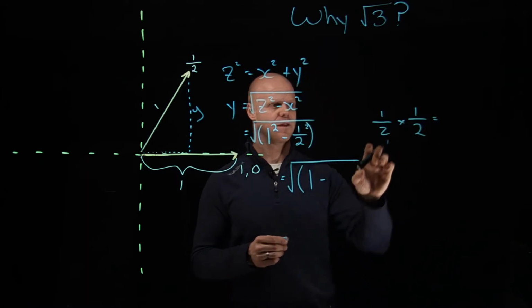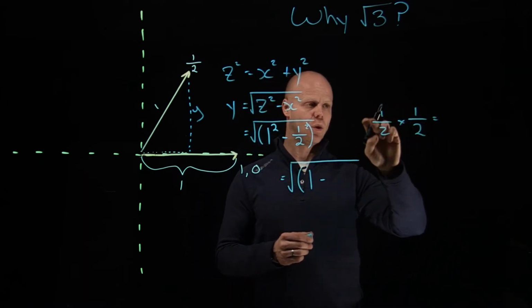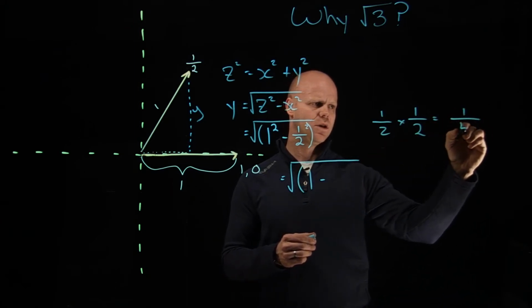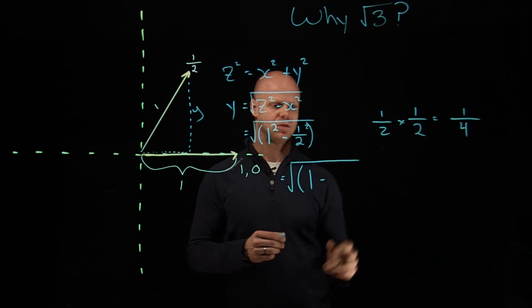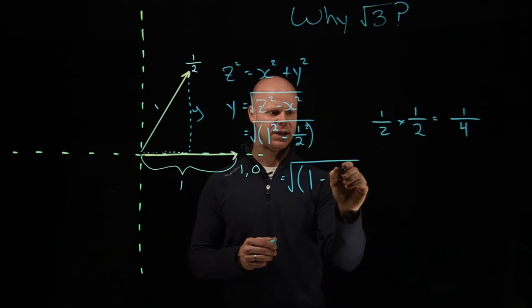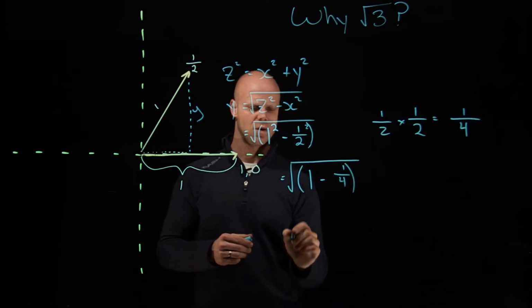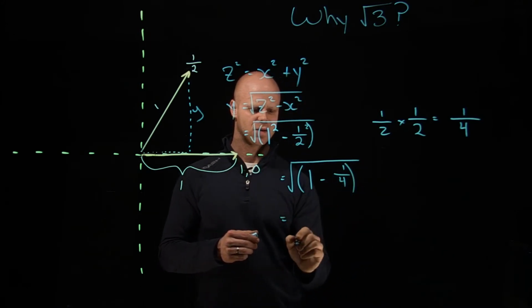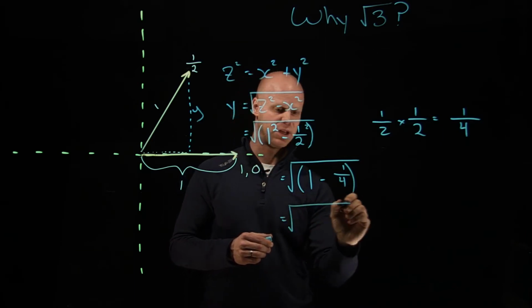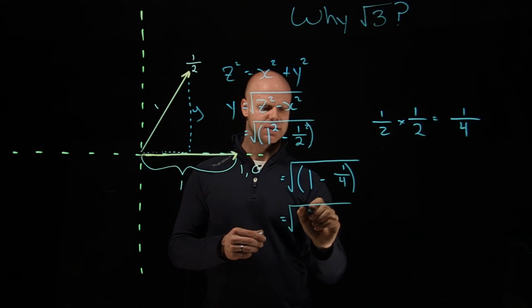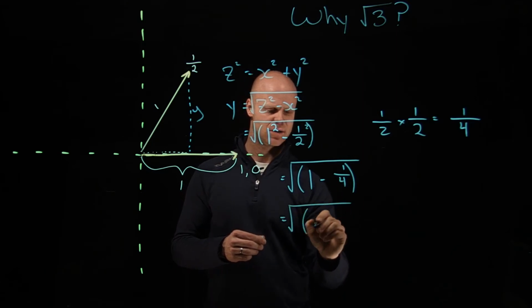Multiplying fractions, 1 times 1 is 1, over 2 times 2 is 4. So 1/2 squared is equal to 1/4. So we have 1 minus 1/4, which is 3/4, still under the square root.